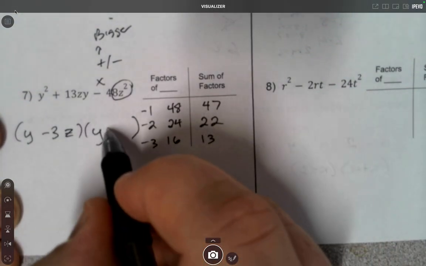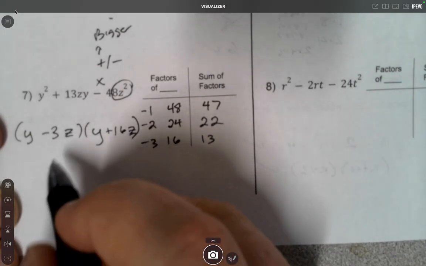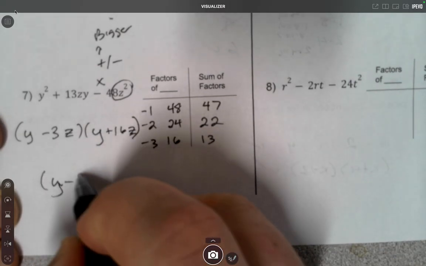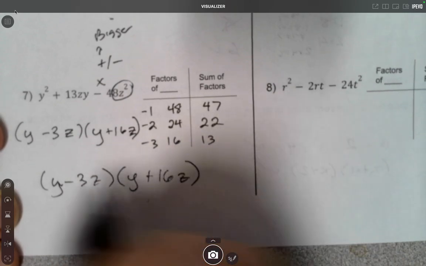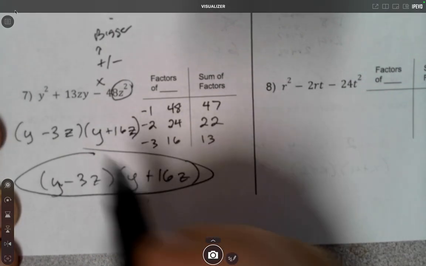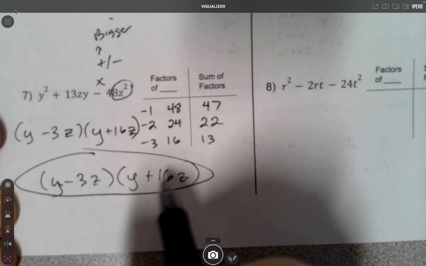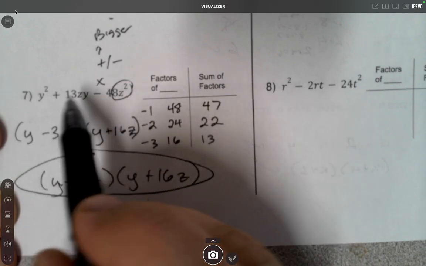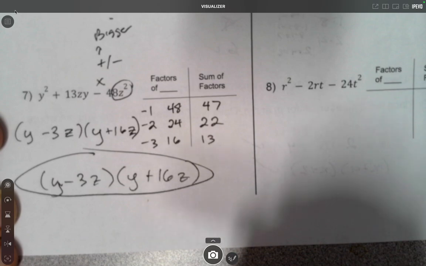We don't just put 16, we put 16z. So it's y minus 3z times y plus 16z. So the only difference when you have that extra variable is that you'll have to put that variable with the numbers you find that multiply to be the last coefficient and add or subtract to the middle one.